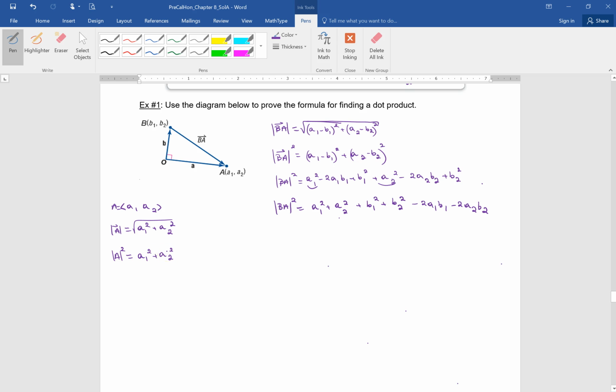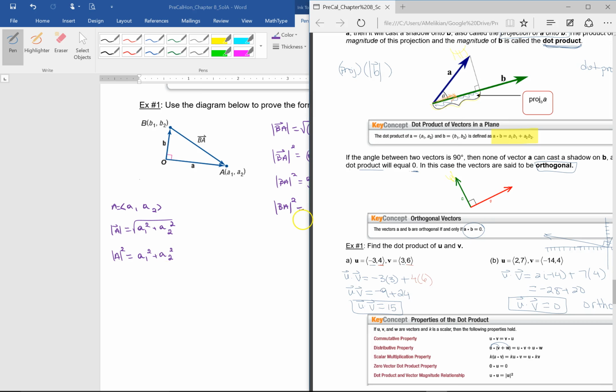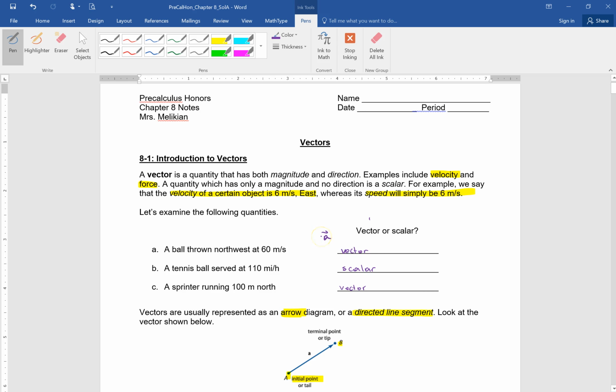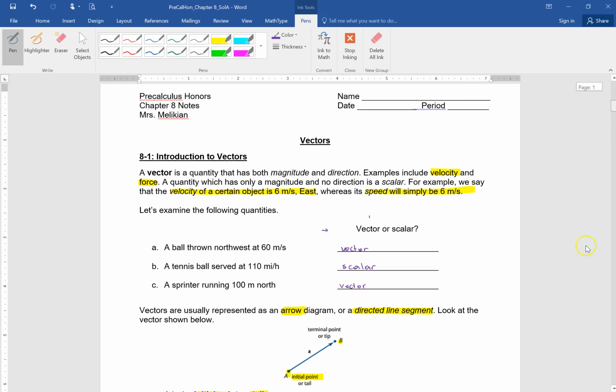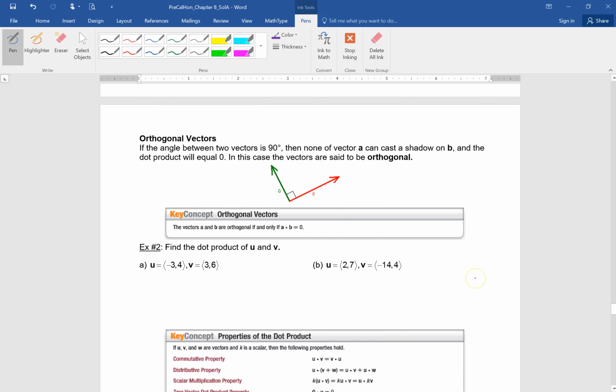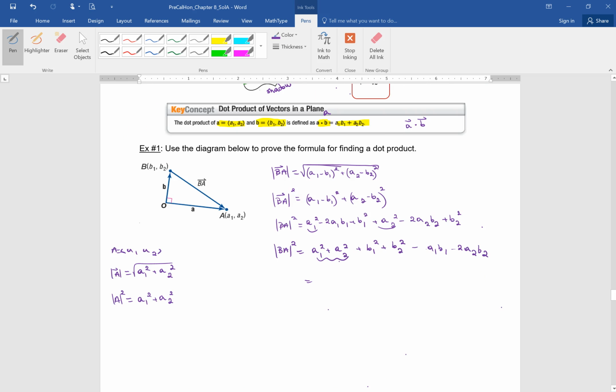Oh, so this is just the magnitude of A squared, plus this is the magnitude of B squared. Plus we've got some other stuff.